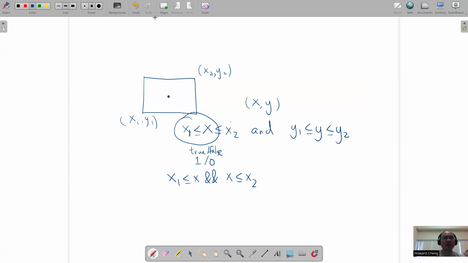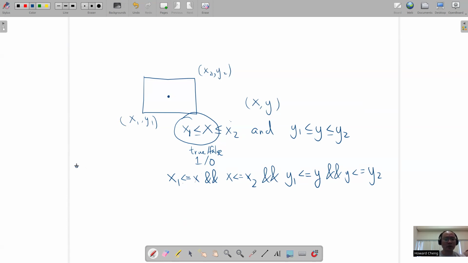I guess if we're using C++ notation, I should be writing it like this. So you're writing like this. Okay, so that's how you check if a point is inside a rectangle.